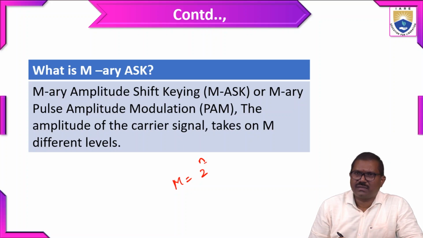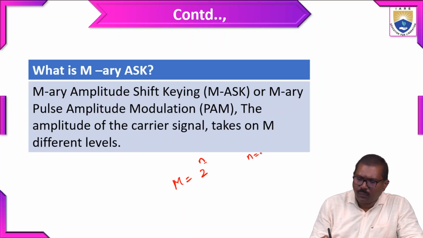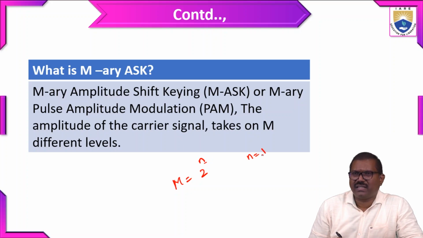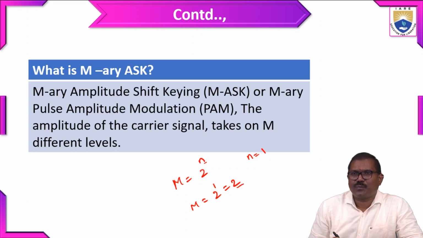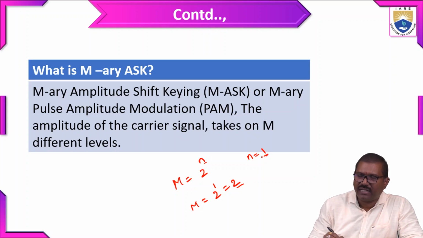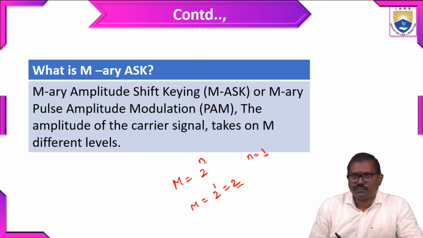For example, if I send 1 bit at a time, what happens to my M value? M is 2, since 2 power 1 is 2. So it is called binary modulation when M is 2. We send 1 bit at a time, either 1 or 0.